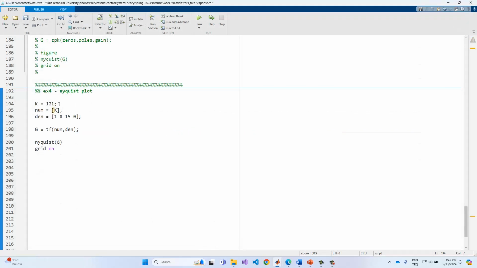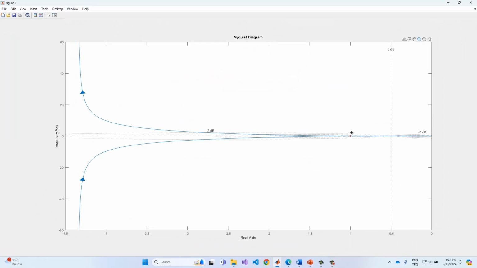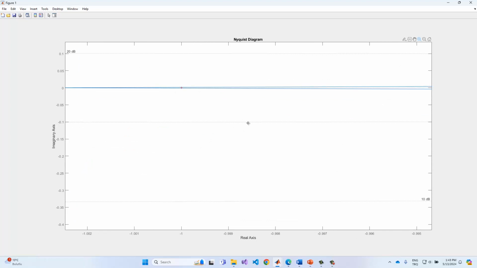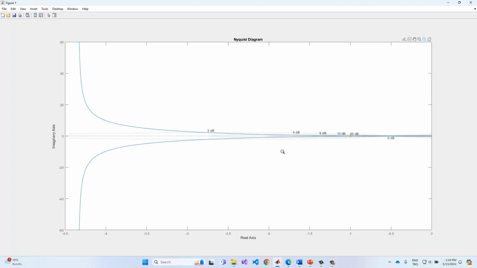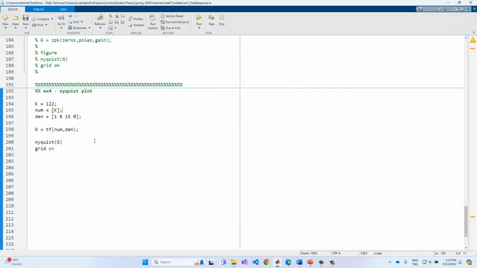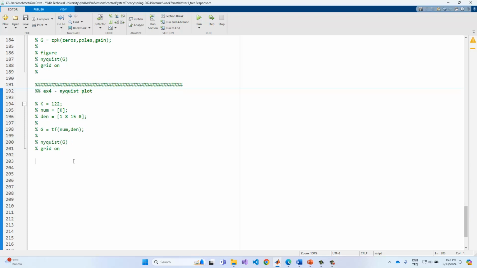But if I choose, for example, 122 in here and run this code, then we will say that the -1 points in here at the encircled form, because the encirclement is about in here, but the -1 in the circle or the contour. Okay, this is how we can check the stability on the Nyquist plots in MATLAB.